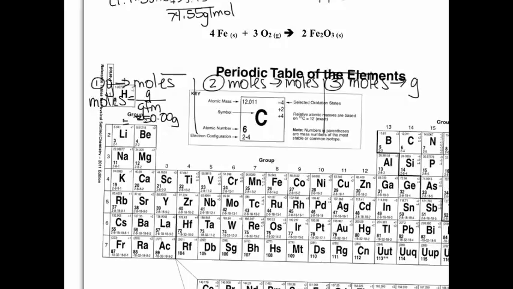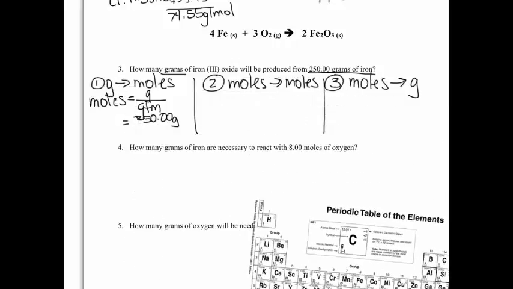And when we round that, we would get 55.85. Okay, now I'm just going to do the math, dividing. And I get 4.47 moles. So that's now moles of iron.